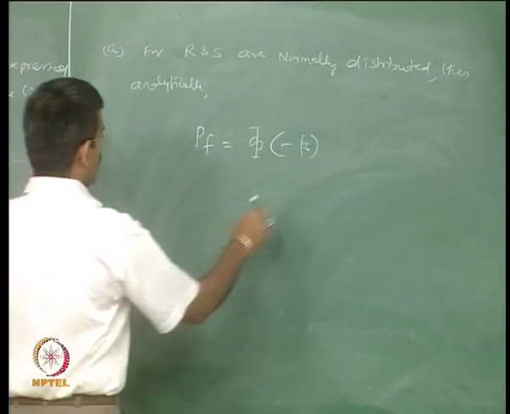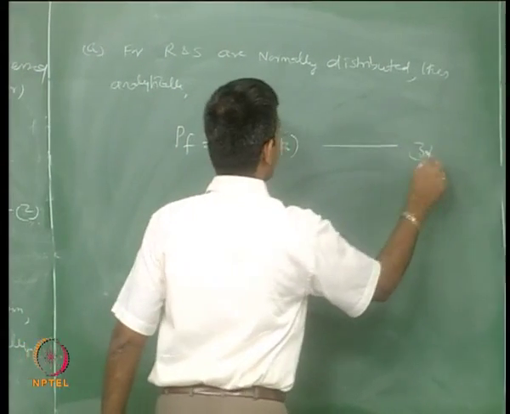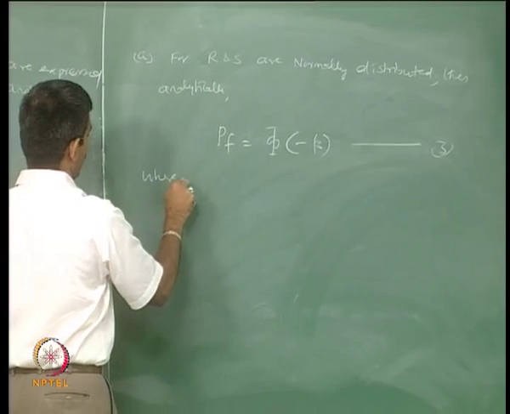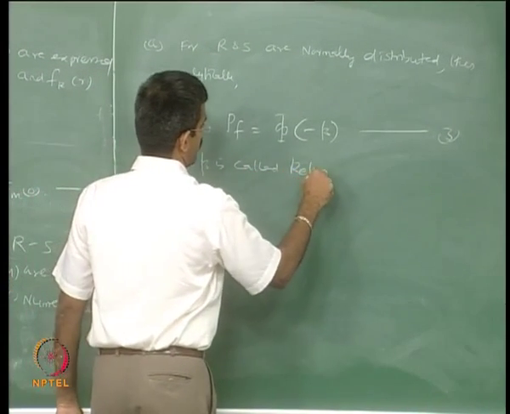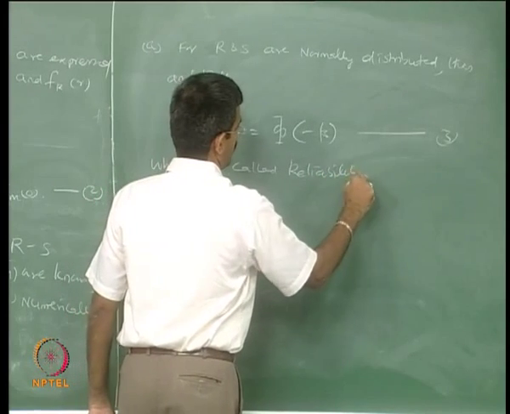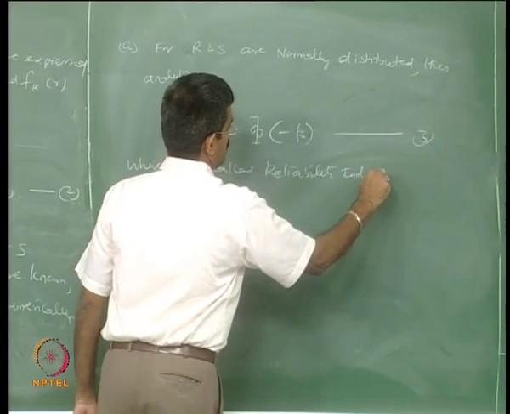where beta is called the reliability index.